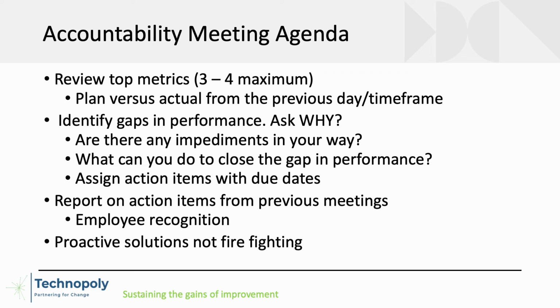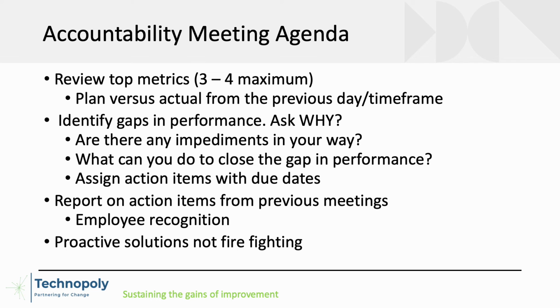When we define the agenda for these daily stand-up meetings, it's important to limit our focus to the top 3 or 4 metrics that we need to pay attention to. It's important to know what happened versus what we planned to do, what are the gaps that we experience, and ask why the gaps exist, what were the obstacles or impediments that hindered us from reaching those numbers, what can we do in order to close these gaps, and what action should be done in what period in order to make sure the gaps are addressed.